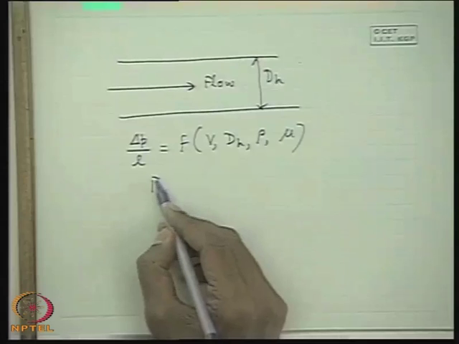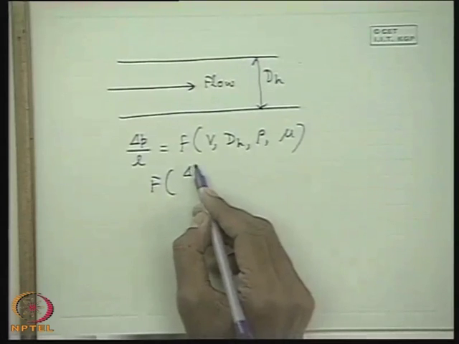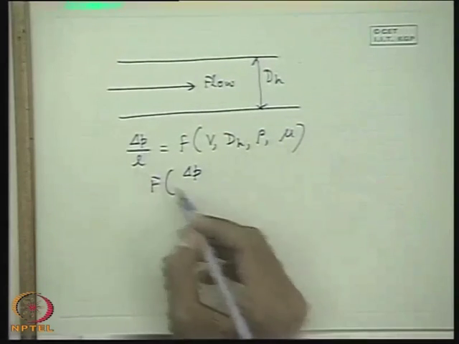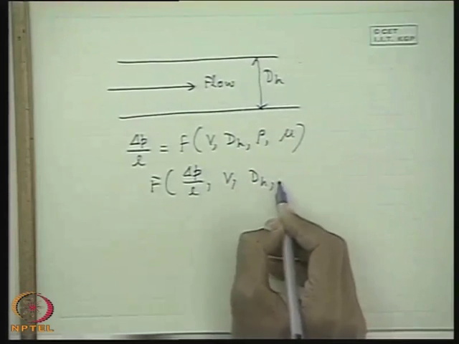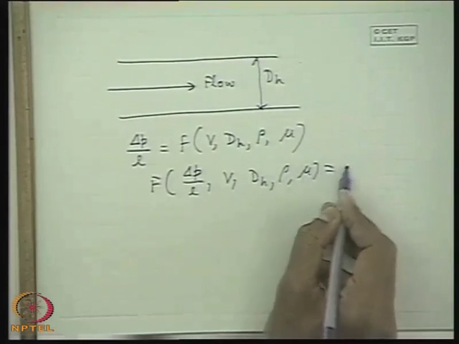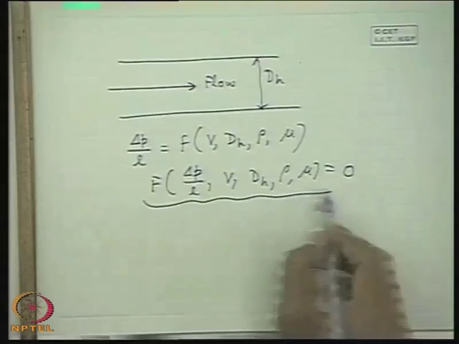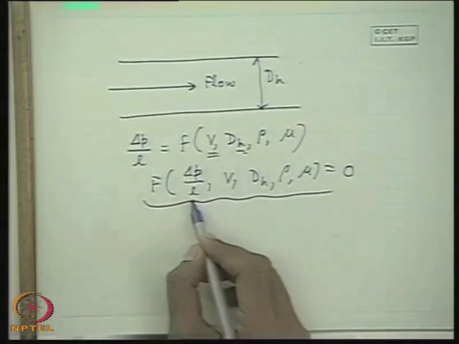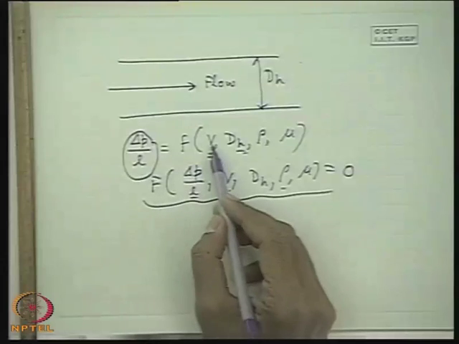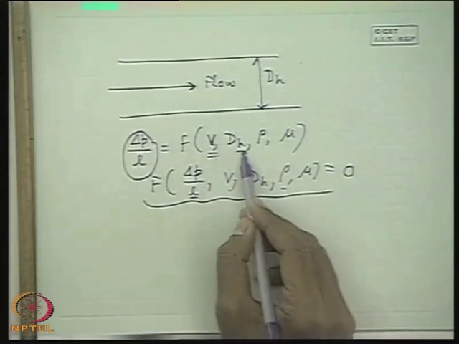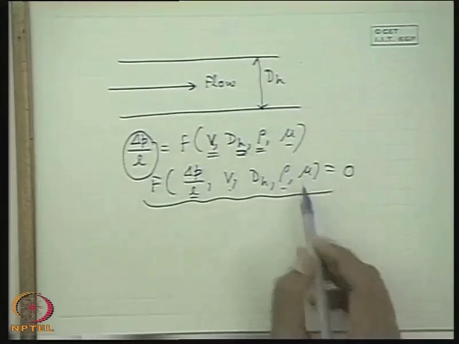Or this can be written as f of delta P by L, V, dH, rho, mu equals 0. That is the implicit functional relationship, where these are the variables defining the problem, and delta P by L is the output parameter, the dependent variable, which depends upon velocity of flow, hydraulic diameter, density and viscosity.